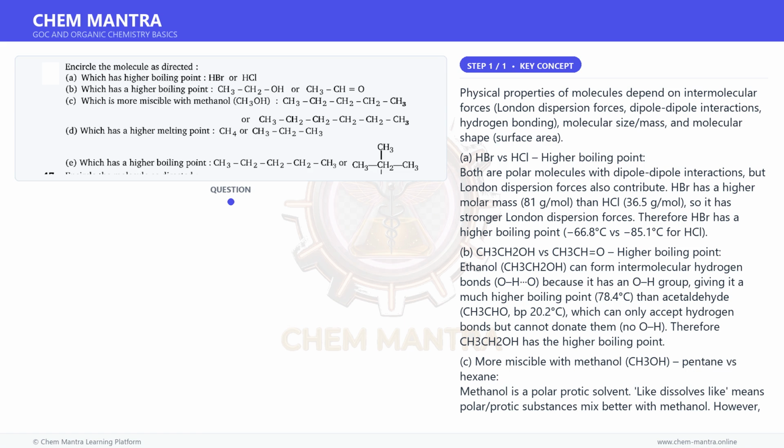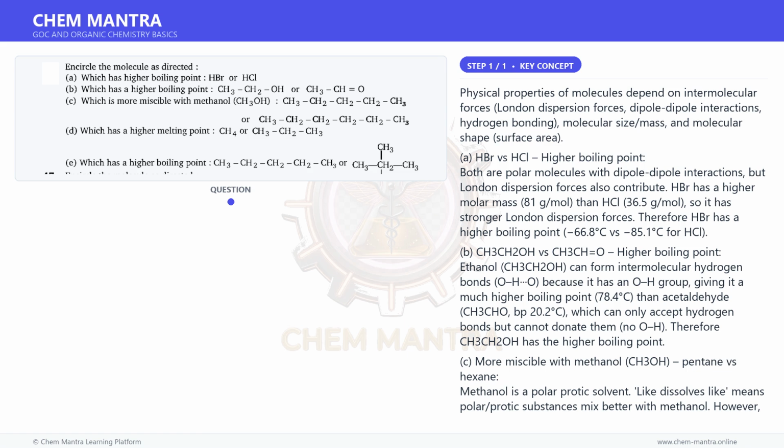Therefore, n-pentane has a higher boiling point, 36.1 degrees Celsius, than 2-methylbutane, 27.7 degrees Celsius. Therefore, CH3CH2CH2CH2CH3 has the higher boiling point.